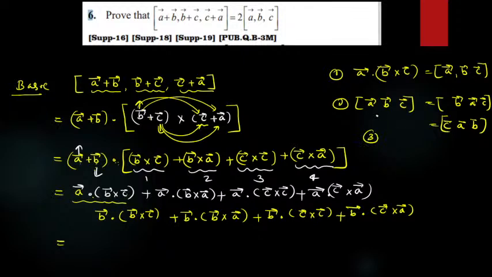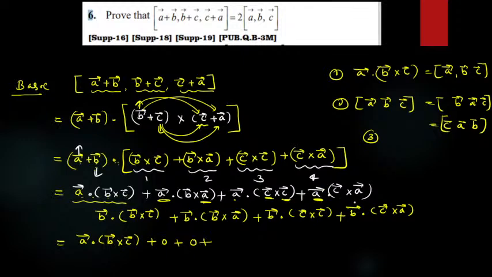If any two vectors are repeated in this row, then the value is what? 0. Here [A, B, C] is here. I will write A dot B cross C, and look at it in this way. Here A and A is repeated. If any two vectors are repeated, answer is 0. Here also C and C is repeated, answer is 0.